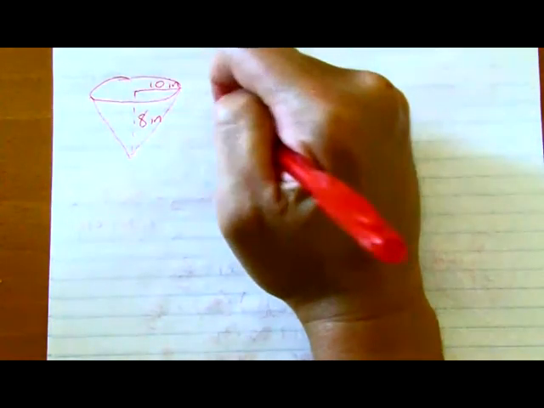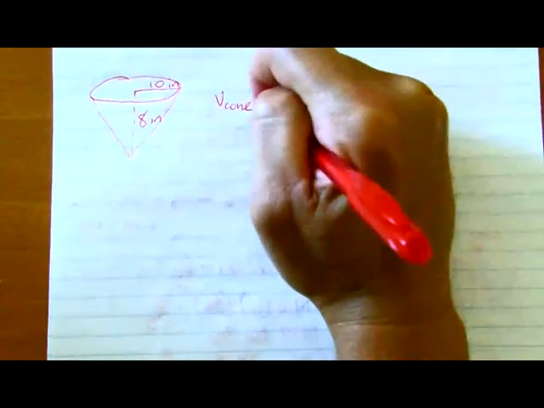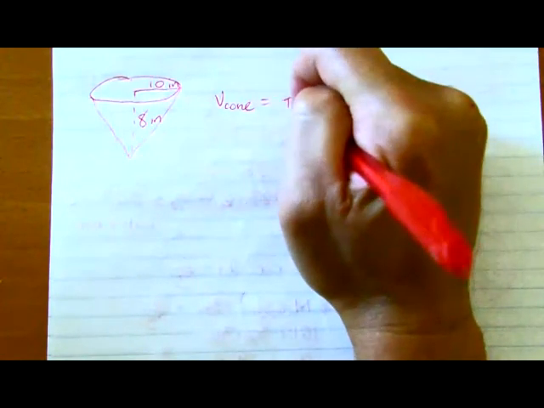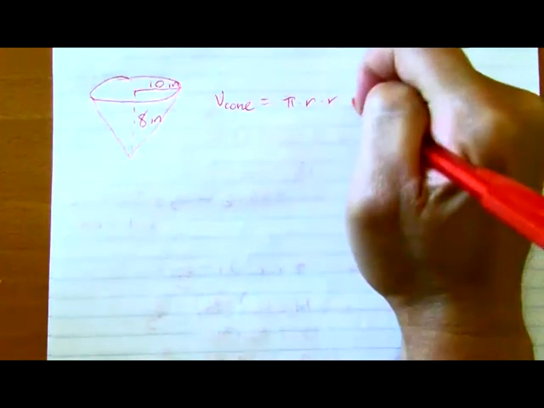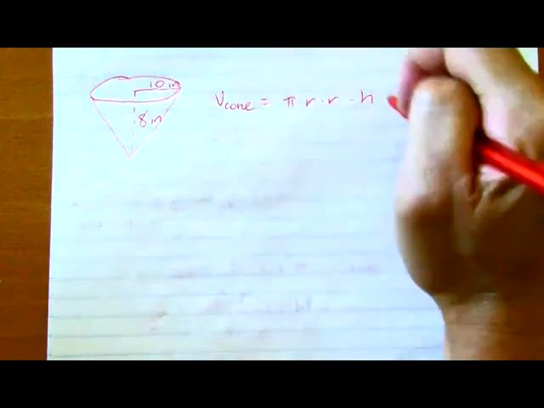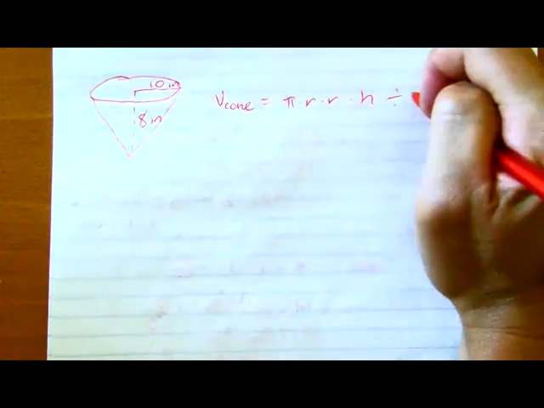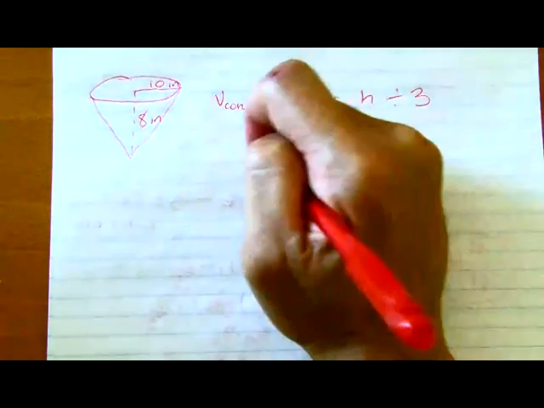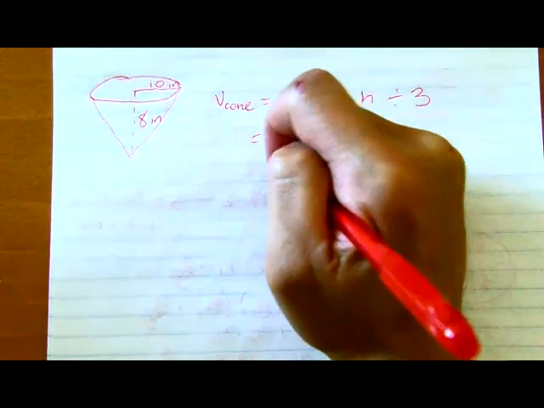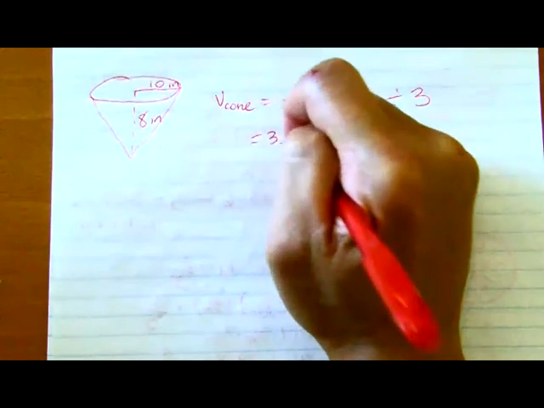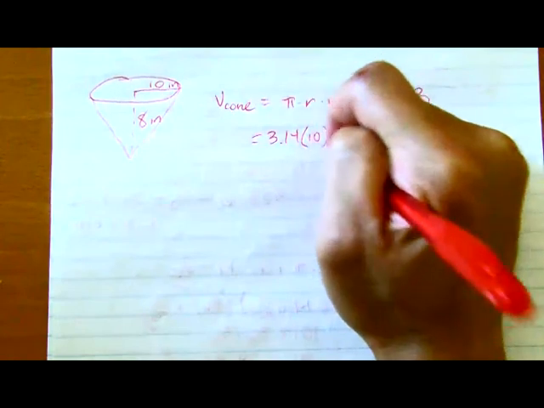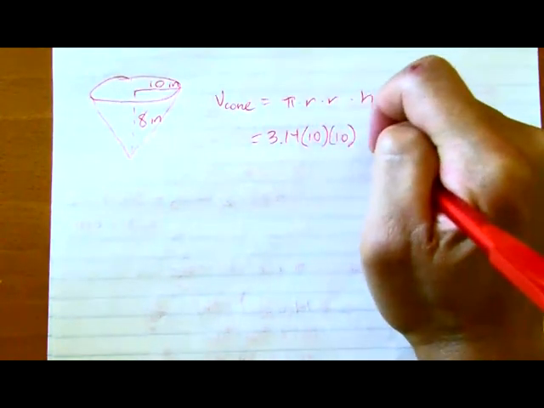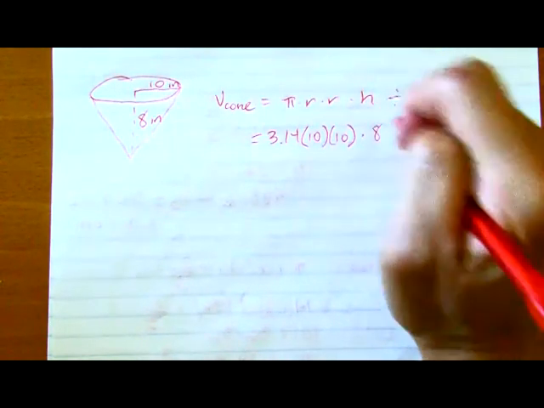Volume of a cone. Pi times radius times height. But since it's a cone, it's 1/3 of a cylinder. So divide by 3. 3.14. The radius is 10, so 10 times 10. The height is 8, and then divide by 3.